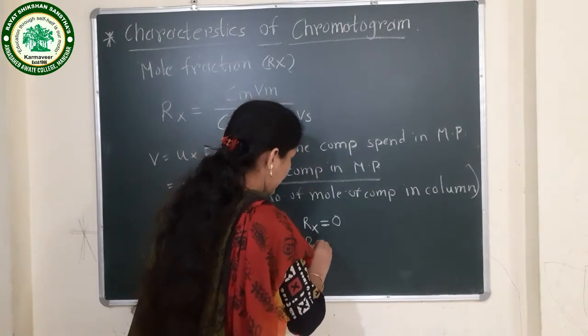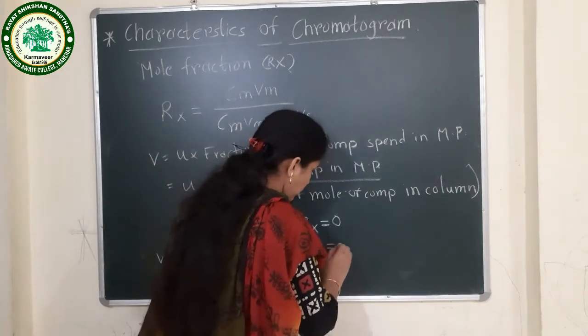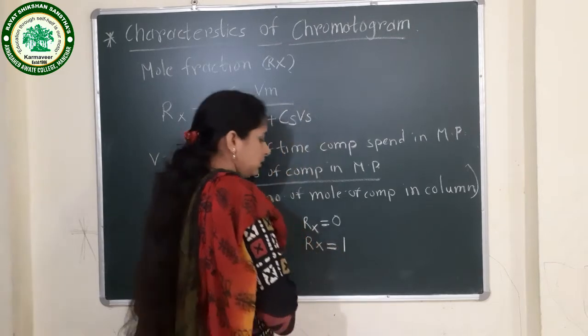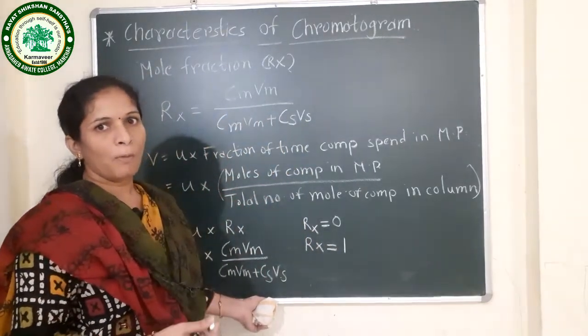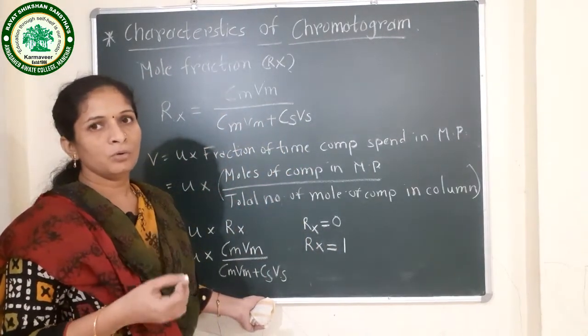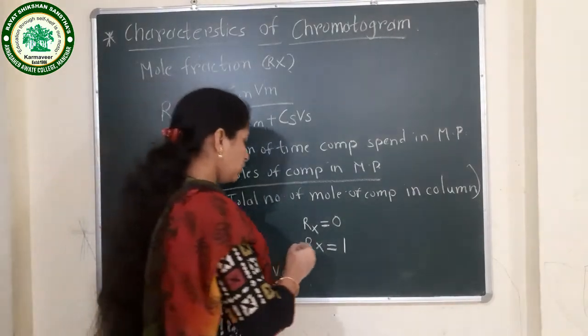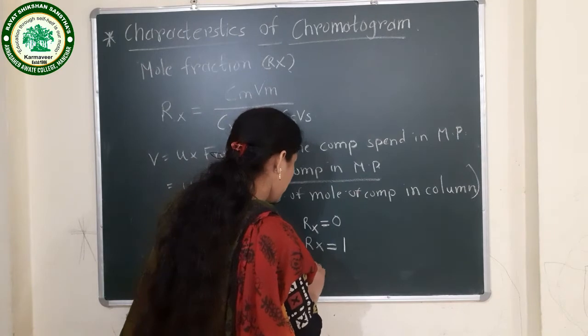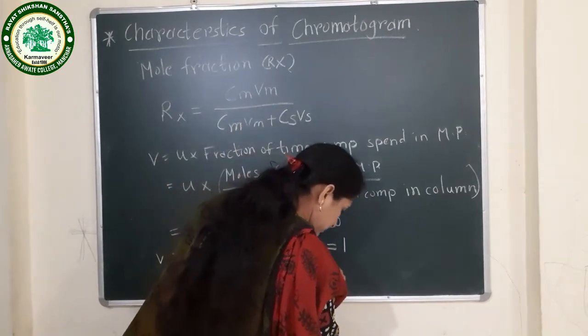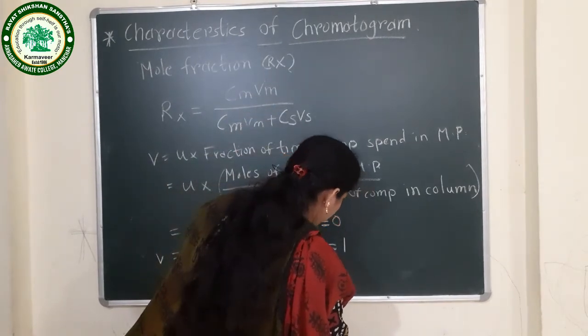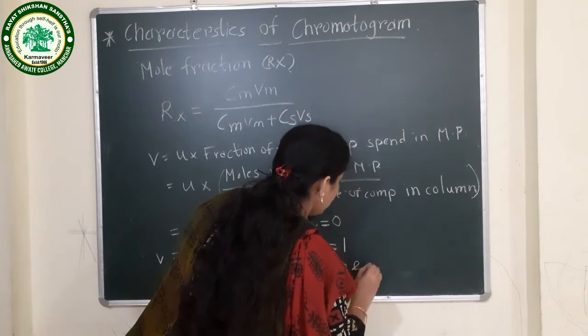And if the Rx value is 1, then what happens? The elution of the mobile phase and the solute will be same. Therefore there also is no distribution. Therefore Rx should have a value between 0 and 1.